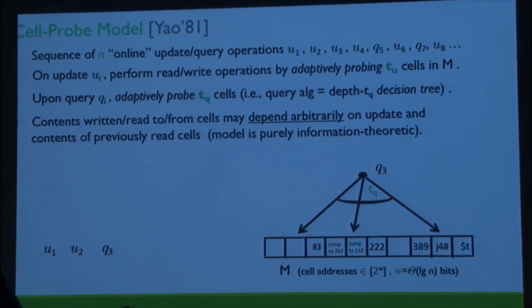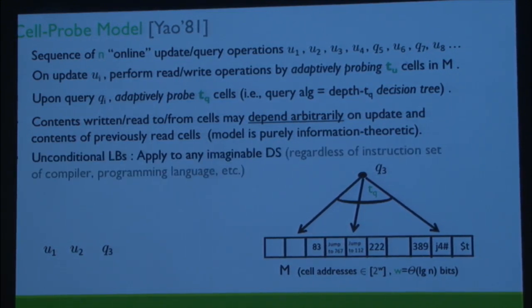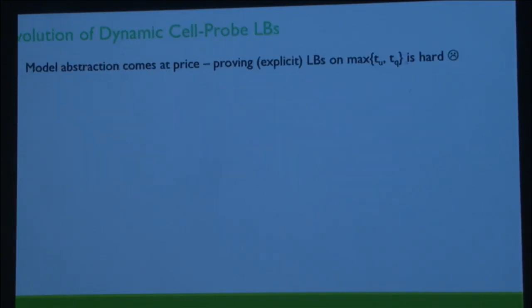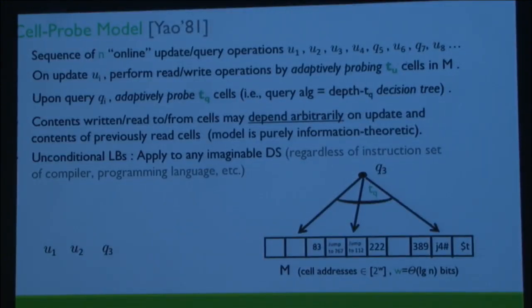I'm not charging you for any computation on the information you received. So it's a purely information theoretic question, the trade-offs. And indeed, lower bounds in this model seem to capture really any imaginable data structure. That's the power of this model. It's a purely information theoretic question between how many cells you need to access on an update versus the query time. Make sense?